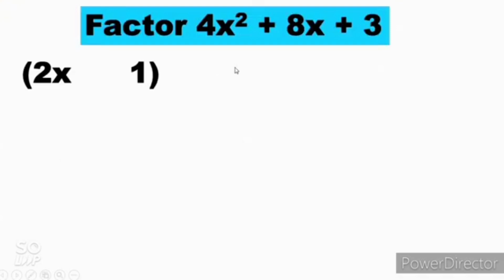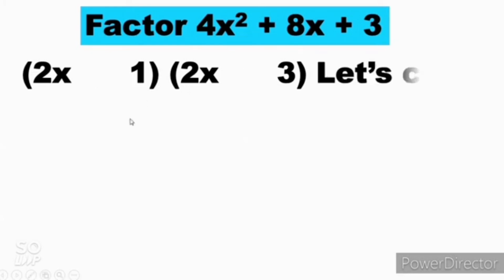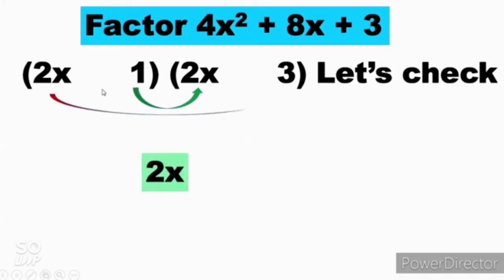Okay, so paano natin kukunin yung middle sign ng bawat factor? Ano kaya yung sign na ilalagay natin? Okay, para makuha yung sign ng dalawang factors natin, check natin yung middle term. Okay, so imumultiply natin yung 1 times 2x. The answer is 2x. Then 2x times 3, the answer is 6x.